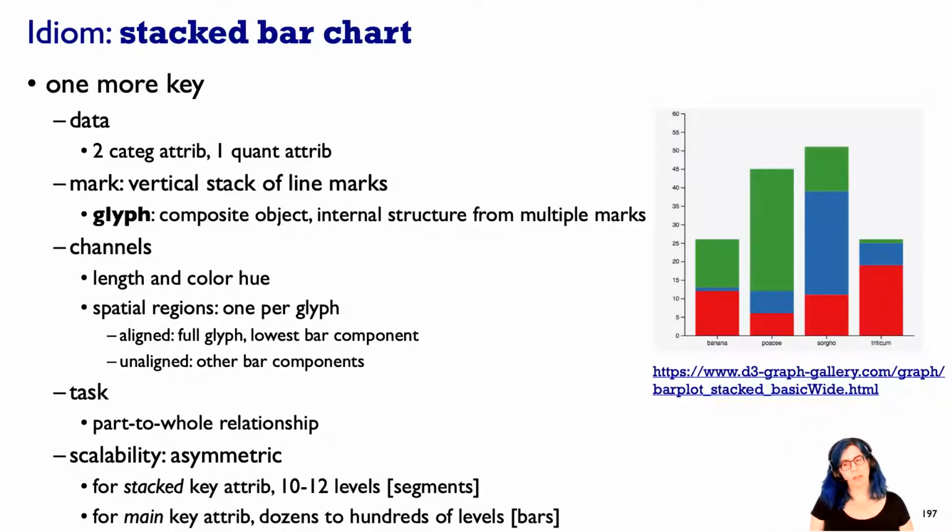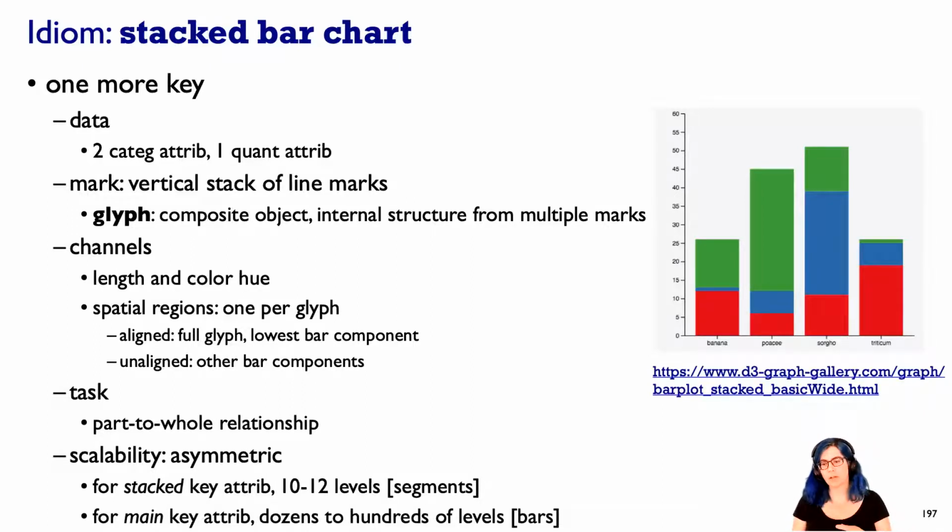Now, when we think about the scalability in this case, there's an asymmetry. These two attributes that we're using for keys are not created equal. For the main key attribute, the bars, it's just like before. But for that stacked key, the one we're using to stack the segments, this would not work at all. If we had hundreds of segments, we would have no hope of deciphering this.